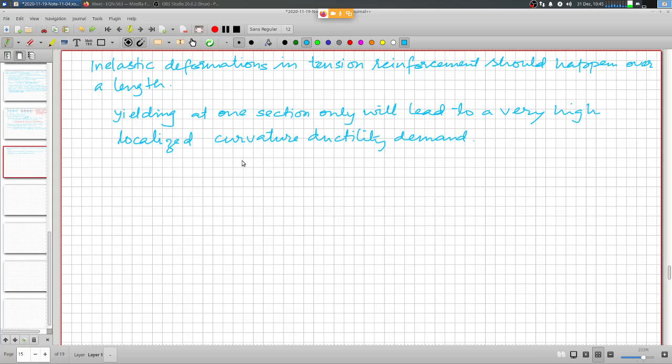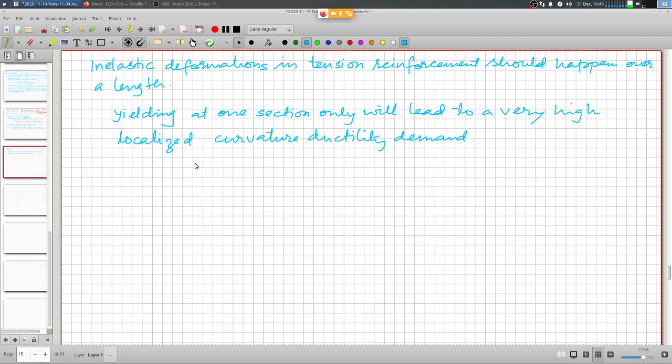Very high curvature ductility demand means the rotations are going to be excessively large, and concrete may get crushed, and reinforcements may get exposed and yield at that particular location, and very severe deformation and sagging will be observed, leading to lots of serviceability issues.